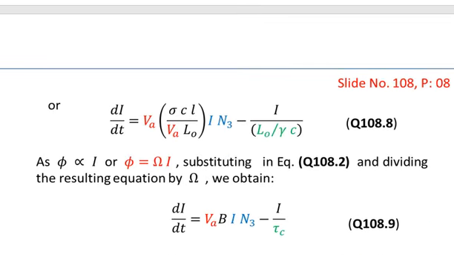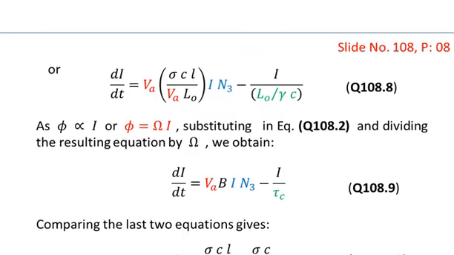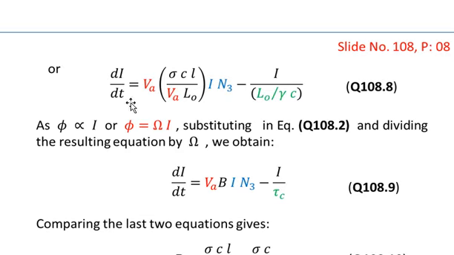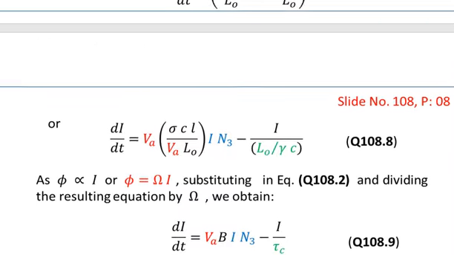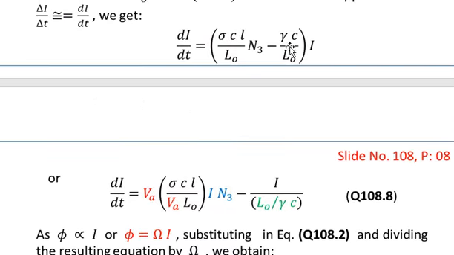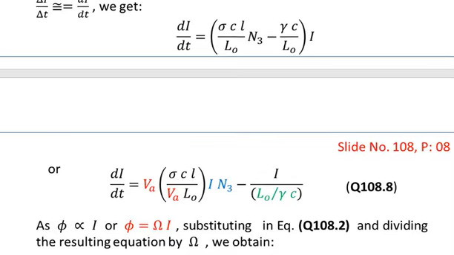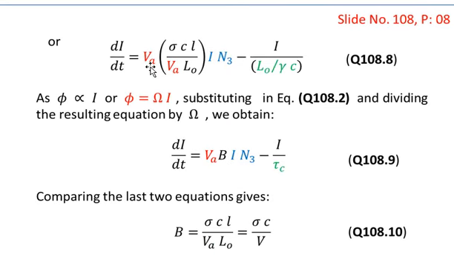Or we can write it in a more logical form so that we can explain the other terms. That is, dI over dt, where the first term has been multiplied and also divided by VA, and the rest of the quantities are the same, except that we have also multiplied by the intensity I. We expand the parenthesis, multiplying I into each of the terms, with the first term multiplied and divided by capital VA.